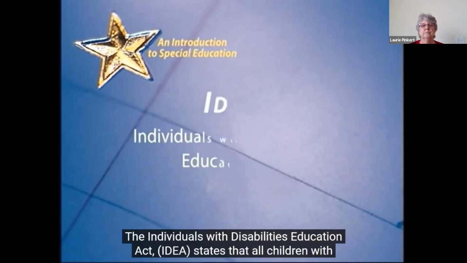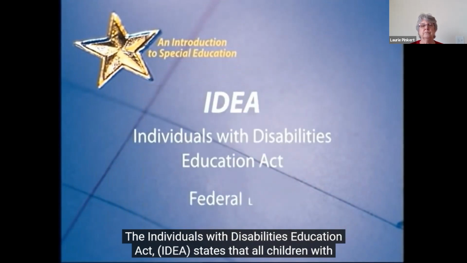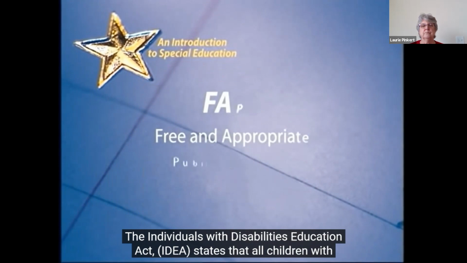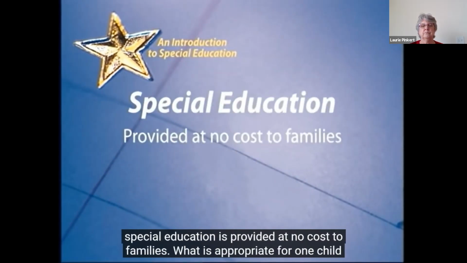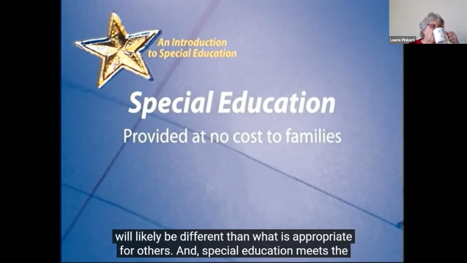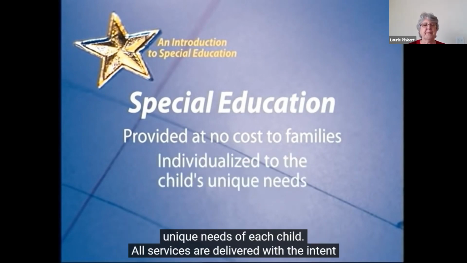The Individuals with Disabilities Education Act, IDEA, states that all children with disabilities must receive a free and appropriate public education, or FAPE. This means that special education is provided at no cost to families. What is appropriate for one child will likely be different than what is appropriate for others. And special education meets the unique needs of each child.